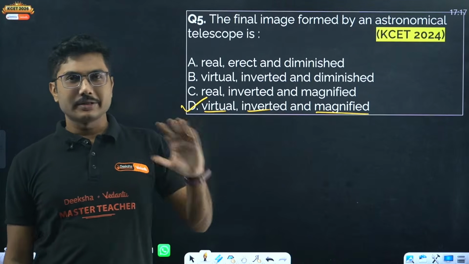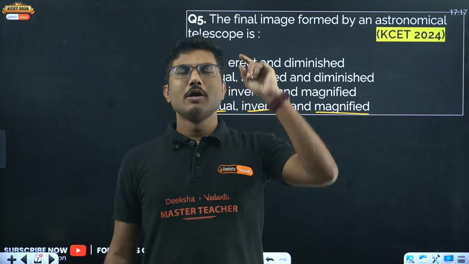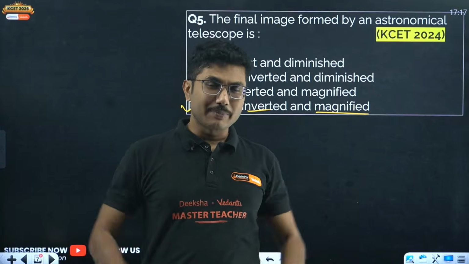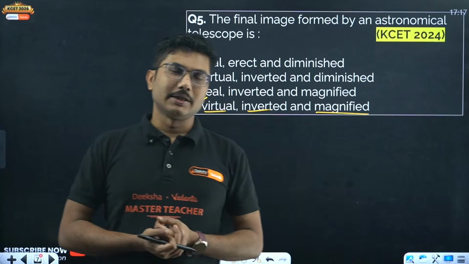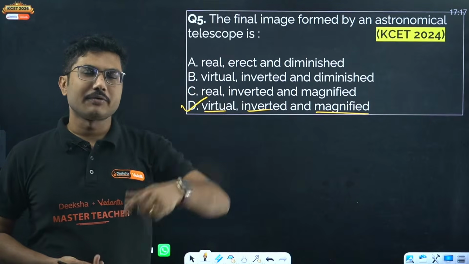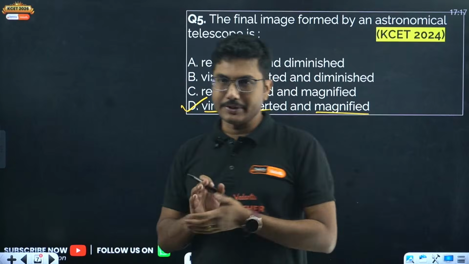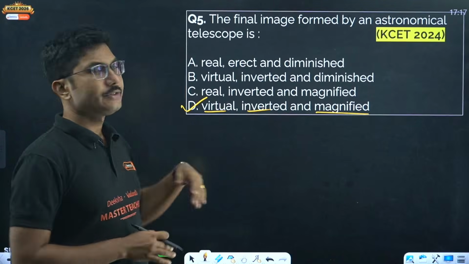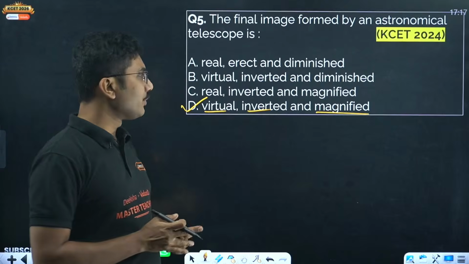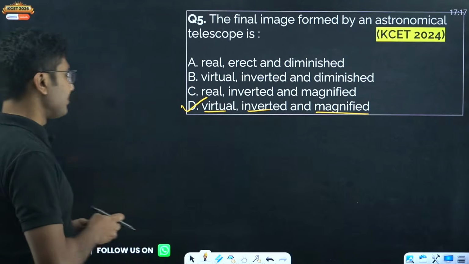That is the basic difference. Terrestrial telescope means observing whatever is far away but within the Earth, and if you are observing something far away from Earth, it is called an astronomical telescope. So an astronomical telescope always gives you a virtual, inverted and magnified image. So option D is correct.